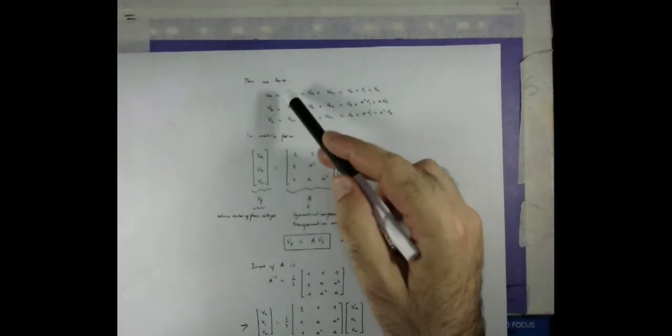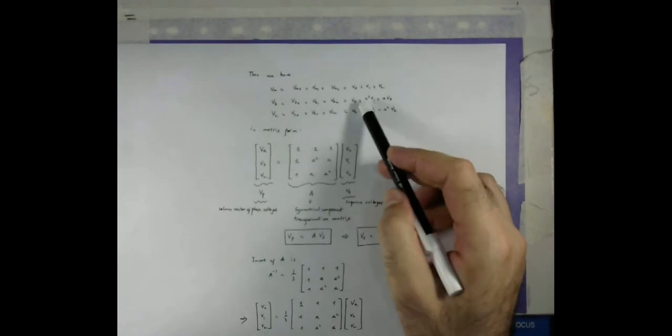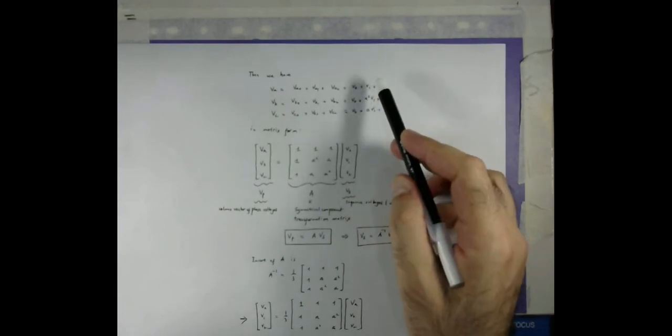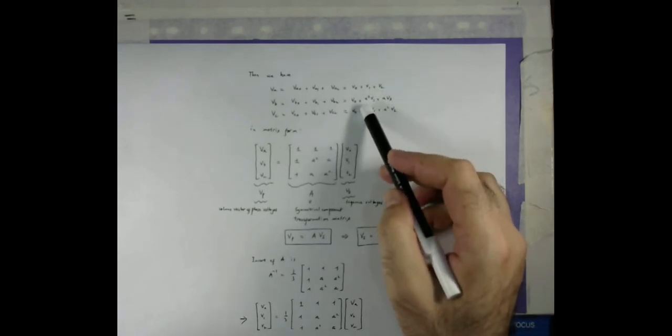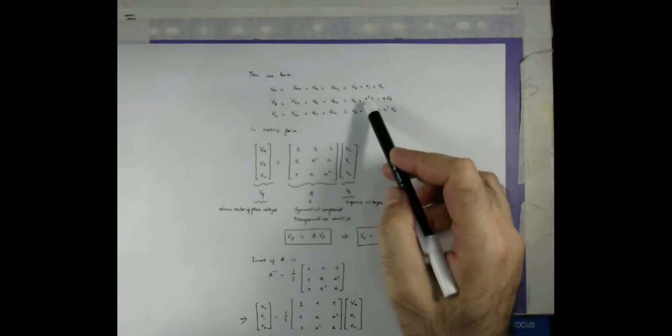Likewise, we discussed the phase voltages. They can be written as the sum of the sequence components multiplied by either the operator A or the square of the operator A. The same is the case here. Exactly the same case.